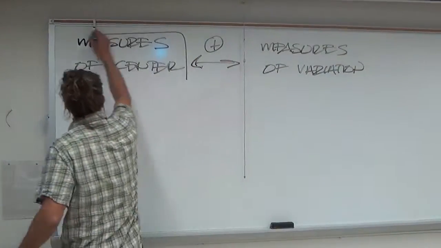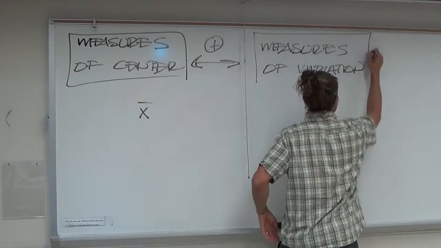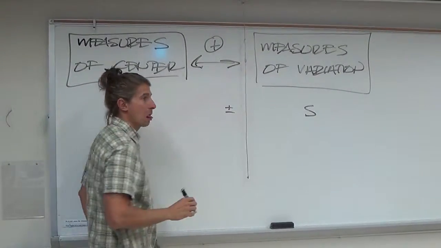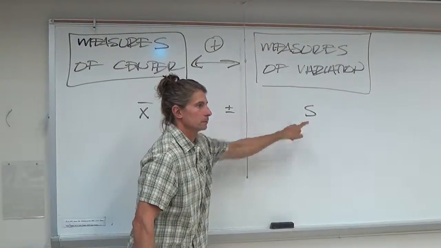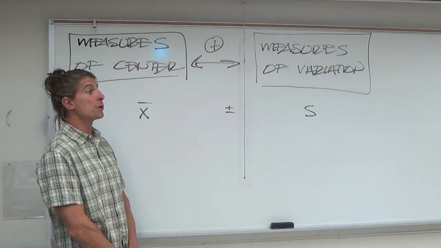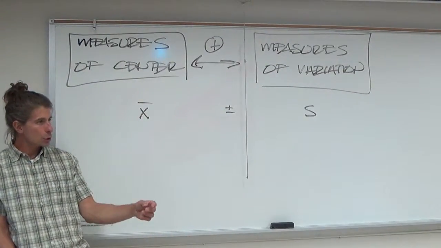If your data is approximately bell-shaped, roughly 68% of the data will lie within the average plus or minus the standard deviation. That was a very good job. It's right. That was beautiful. So that's within one standard deviation. How about two?